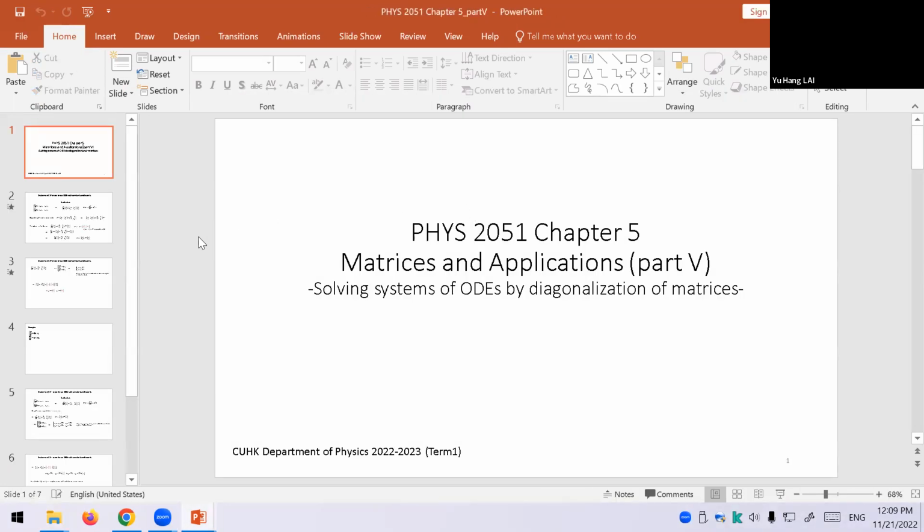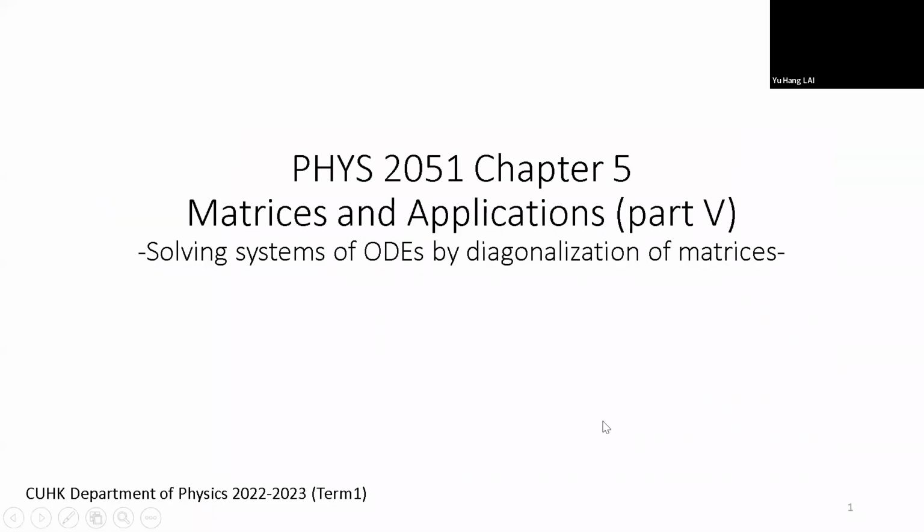In chapter 4, when we learned about the system of linear equations in the last part of the last chapter, I actually already gave you a brief introduction on how to write the system of linear ODE in terms of a matrix form.